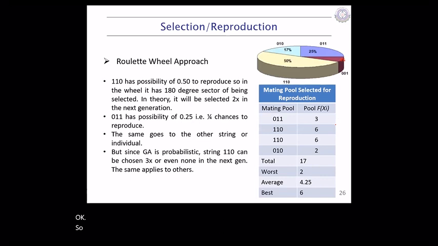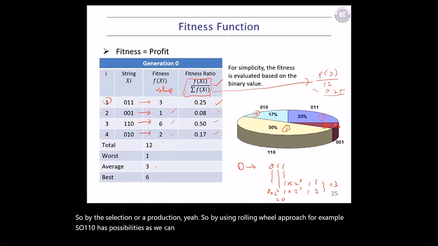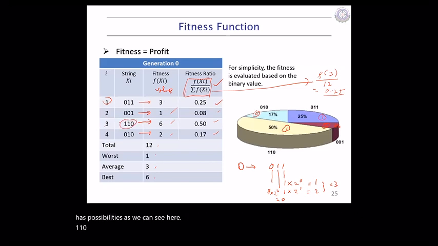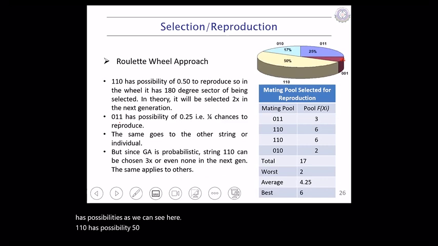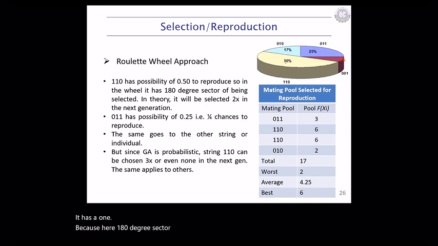So by the selection or reproduction, using the roulette wheel approach, for example, 110 has possibility 50% or 0.5 to reproduce in the wheel, because it has a 180 degree sector, half of the wheel, of being selected.